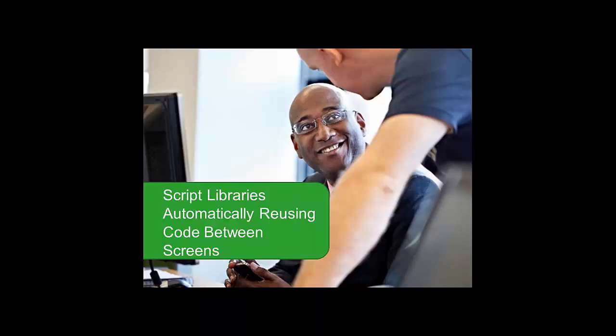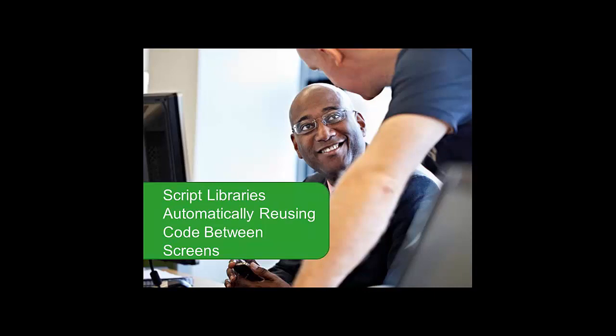So how can we start to have a mechanism that will allow us to reuse code between screens and separate that code from the metadata so that it's not vulnerable to an accidental change that breaks the code?